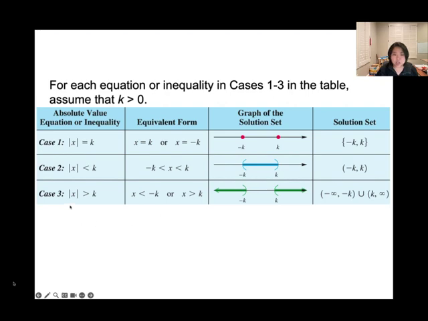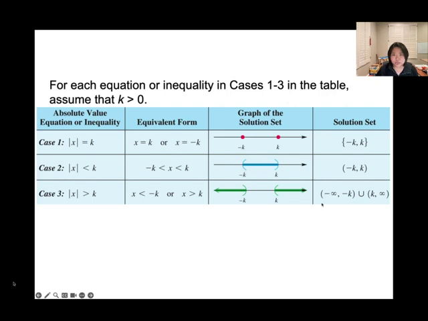Case 3, when you have the absolute value of x strictly greater than k. That will be a disjoint solution. x is strictly less than negative k or x strictly greater than k. You're going to see this is a disjoint solution.